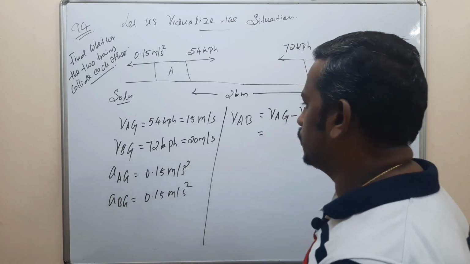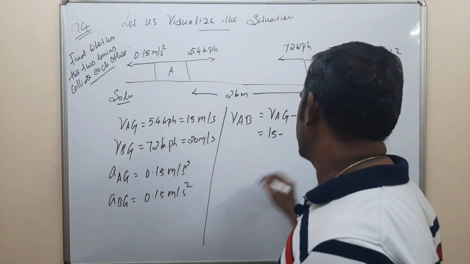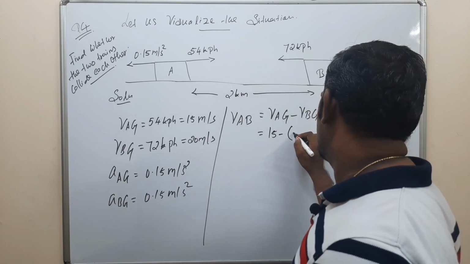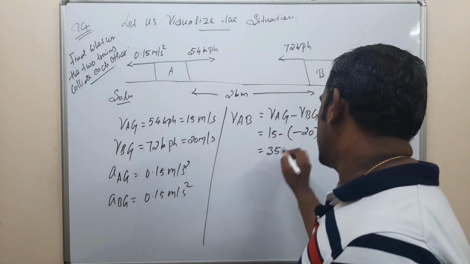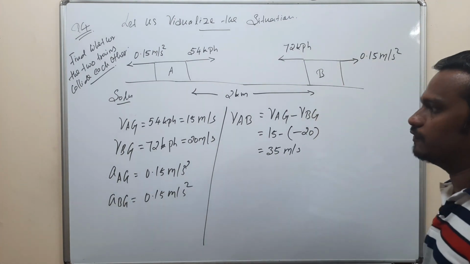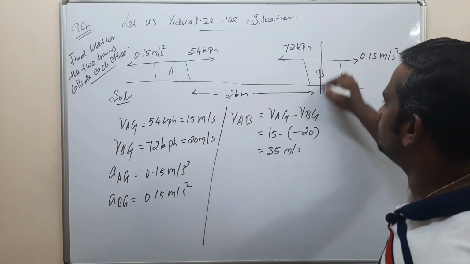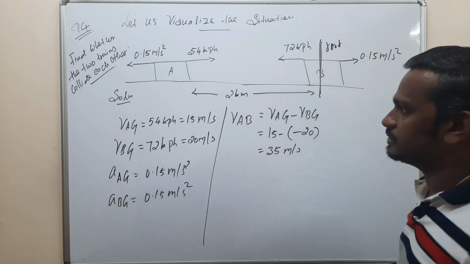So that's equal to 15 minus, since this is in the leftward direction, minus of 20, so that's equal to 35 meter per second. Velocity of A as seen by B. So B is the observer. So this train is at rest.